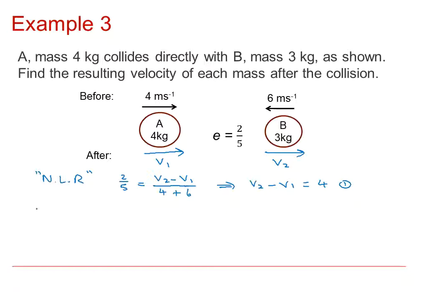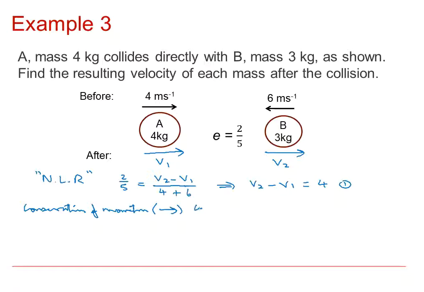I can now do conservation of momentum. Now we're dealing with vector quantities. I need to make it clear that I'm going to take the right as positive. Momentum is a vector quantity, remember. So we're going to do final momentum equals initial momentum. So let's start with the initial momentum.